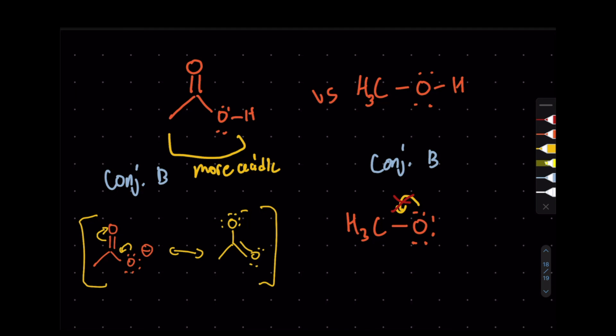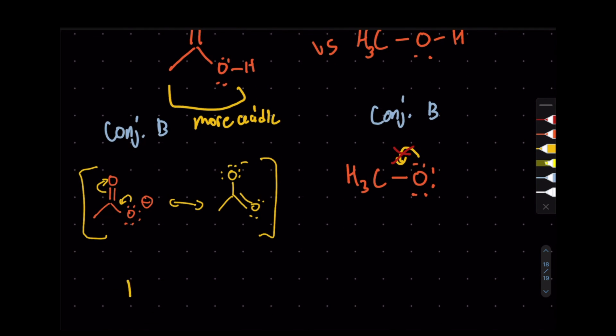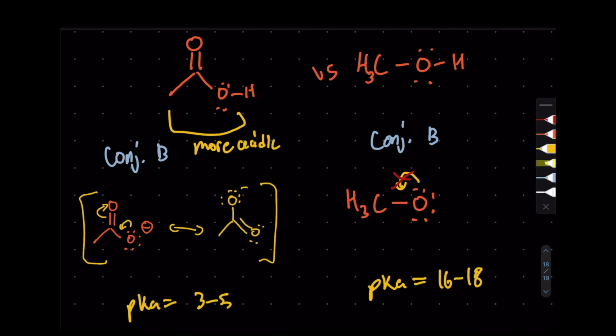And this is an explanation of why the pKa of carboxylic acids is 3 to 5 and the pKa of alcohols is around 16 to 18. This explains why there is a difference in pKa.